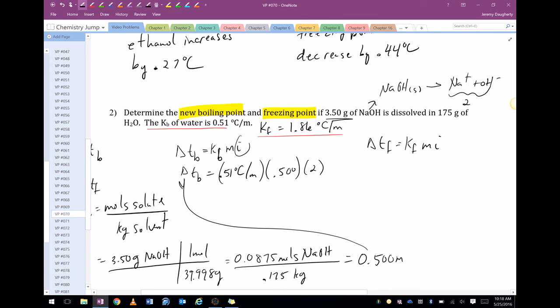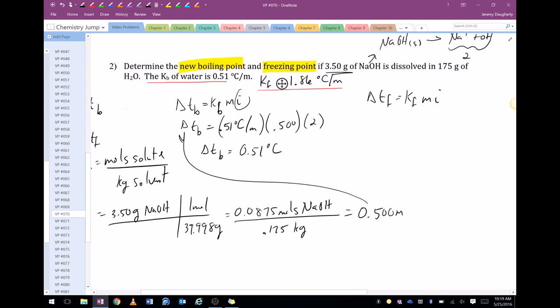Now in reality, it's not actually 2, it's really close to 2. It's like 1.8, 1.9, something like that. And again, that's a value that you can actually look up. So for that, I got 0.51. Now that's the change in boiling point. That's not the actual new boiling point.